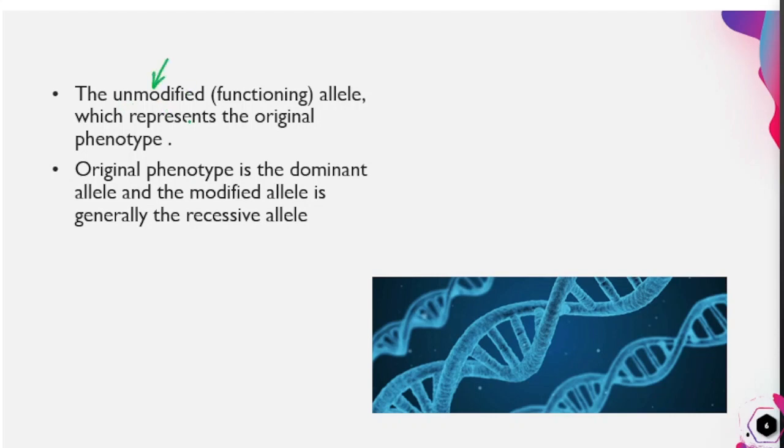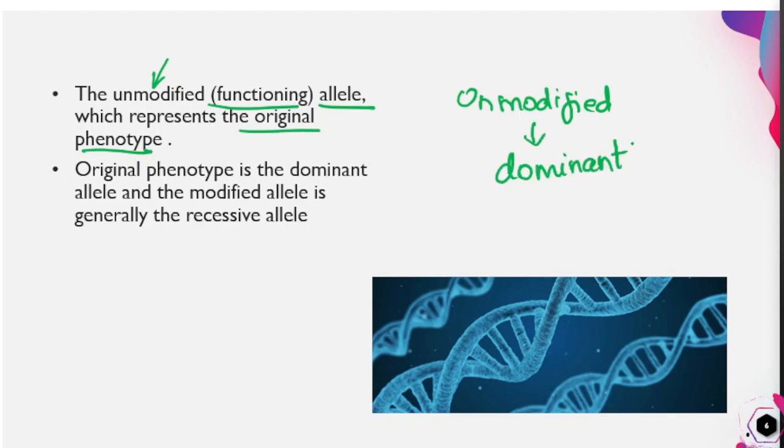See this unmodified, functioning allele. It represents the original phenotype of an organism. The original phenotype is the dominant allele. Remember like this: the unmodified allele is dominant, and the modified allele is recessive.